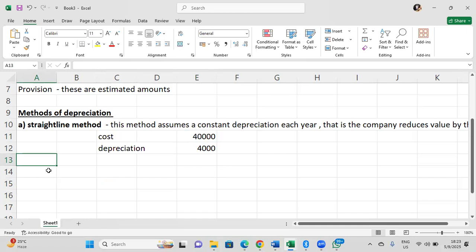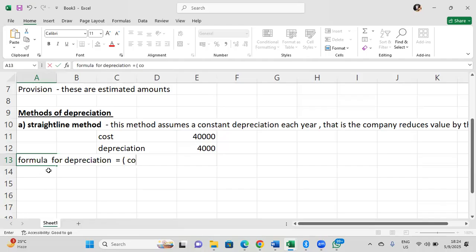Okay, however, there is a formula. There are two formulas for the straight line. If the question says calculate depreciation using the straight line method, we can say the cost minus the provision times the percentage given.